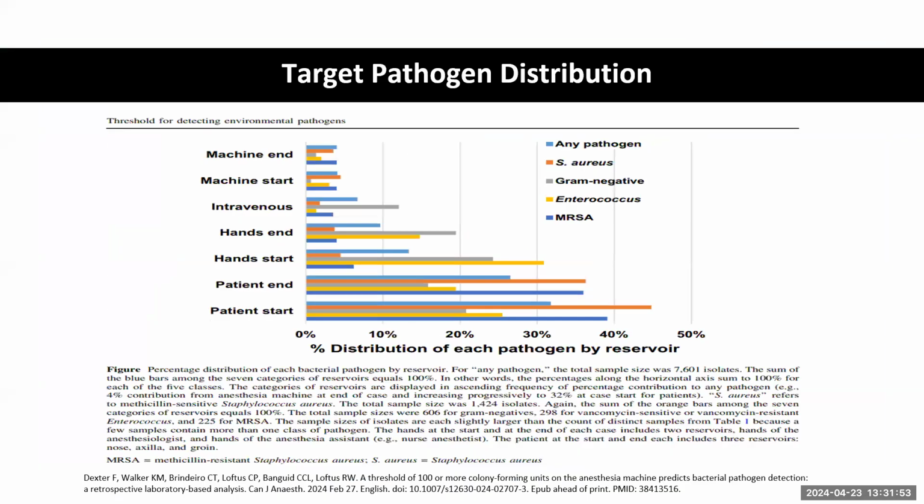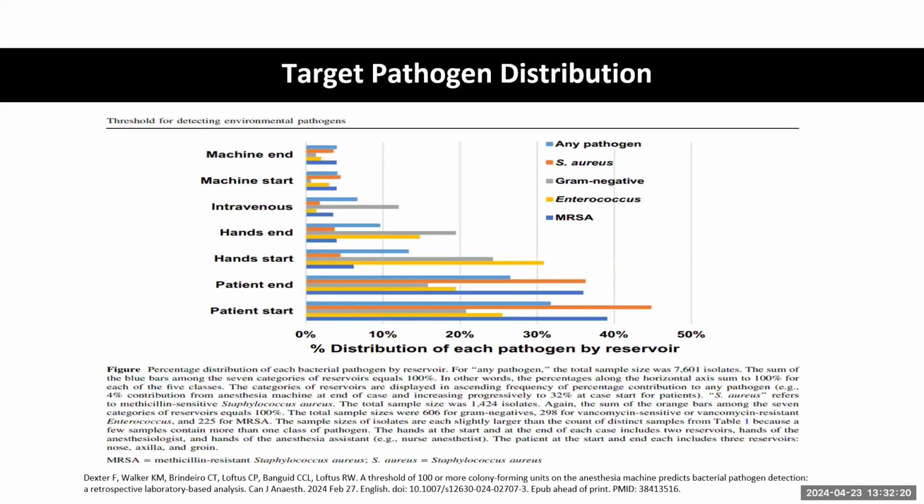And first, what I'd like to show is that every reservoir, getting back to your question, TJ, about why we measure these reservoirs, you can see that each one of these reservoirs is useful in terms of providing us with information about detection of the key pathogens that are causing these infections. So orange is Staph aureus, gray is gram-negative, yellow is Enterococcus, and blue is methicillin-resistant Staph aureus.